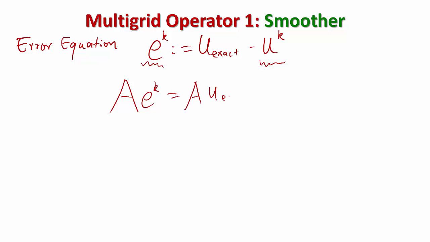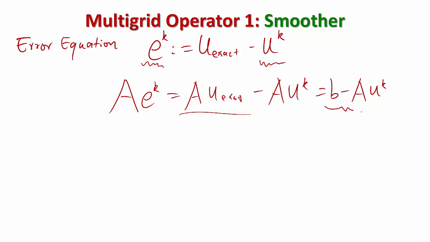That is equal to U exact minus A times UK. But what is A times U exact? Although we don't know what U exact is, we know what A times U exact is. That is B, right? That is B minus A times UK.